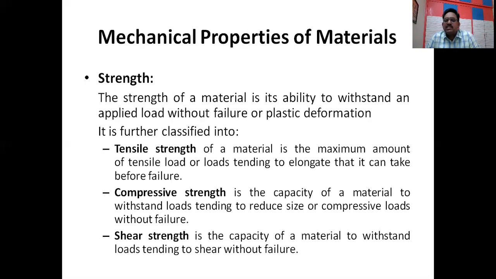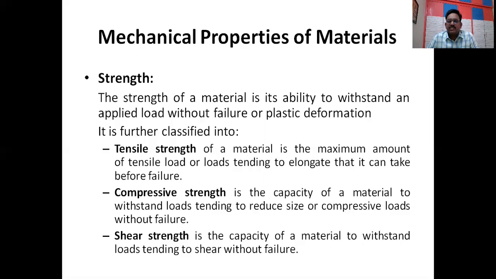When the load is compressive, the ability of the material to withstand loads tending to reduce its size, how much it can resist the compressive load, is called compressive strength.